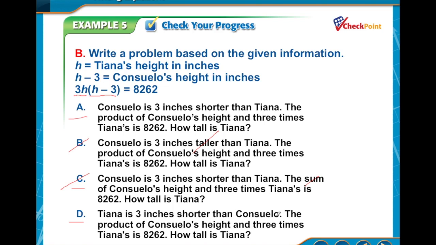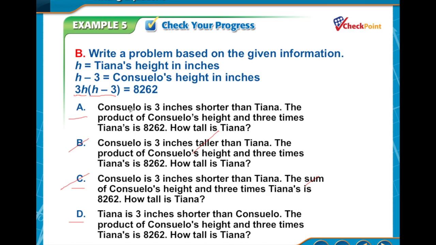If I look at D, it says the product of Consuelo's height and 3 times Tiana's, 3h, is that number. How tall is Tiana? If I look at A, it says the product of Consuelo's height and 3 times Tiana's. That looks like it could be a possibility as well.